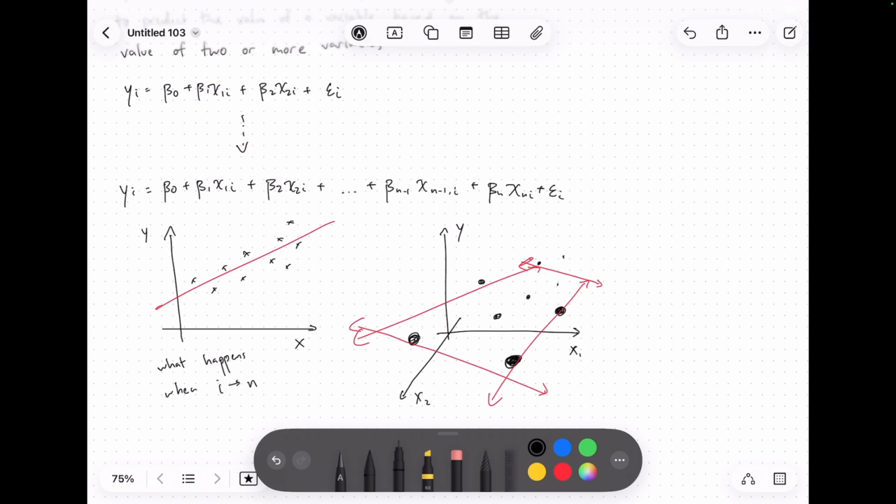So the number of parameters versus the number of data points, right? We can actually think of this even in the univariate case.